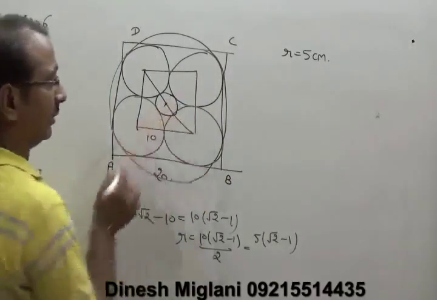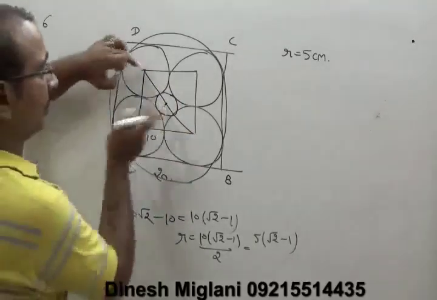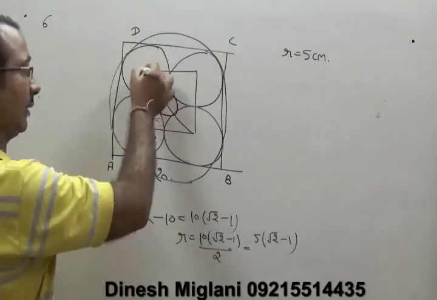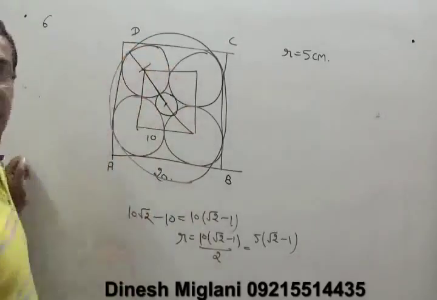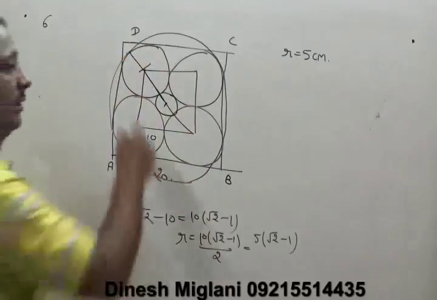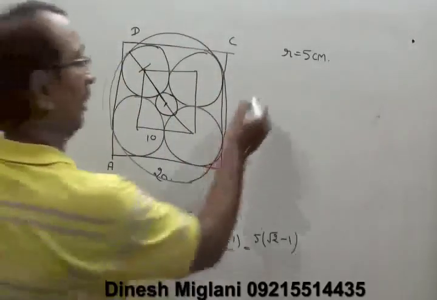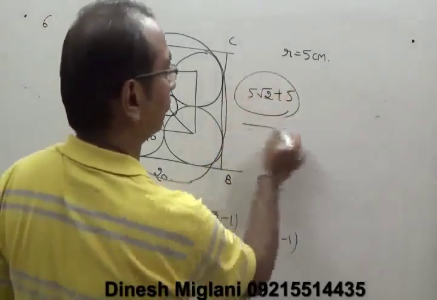Here we know that this is equal to 10 root 2. This portion is equal to 5 root 2, because I have to find the radius of this. This is 5 root 2 and this is 5. So the radius of the circle enclosing all the 4 circles is 5 root 2 plus 5. That becomes my answer.